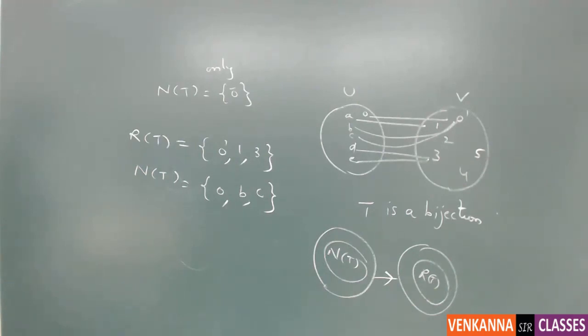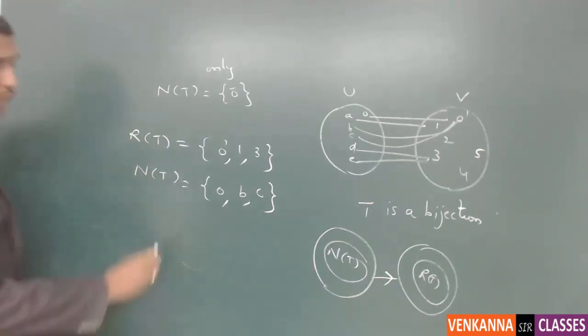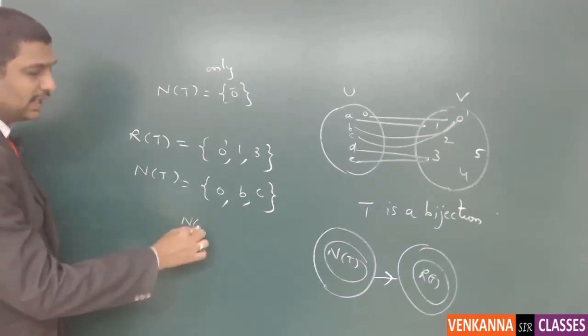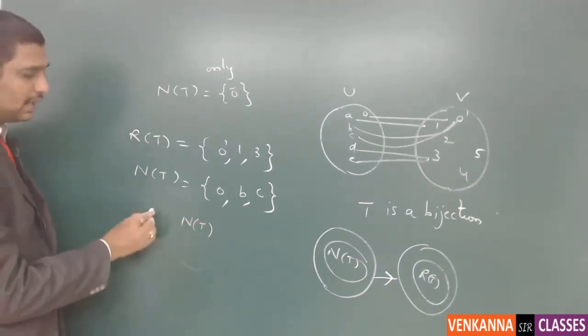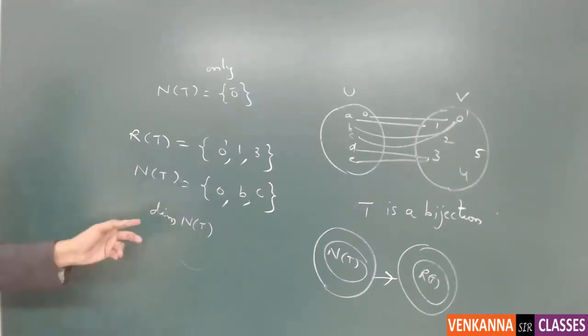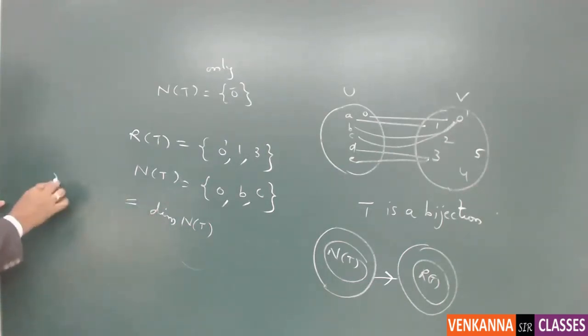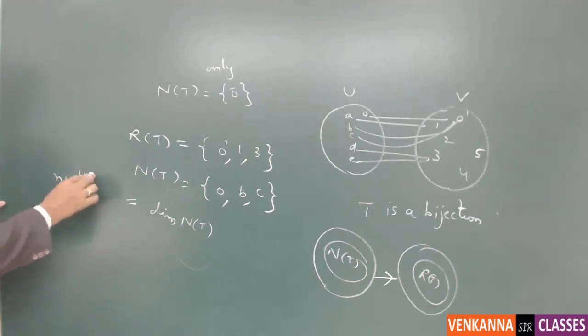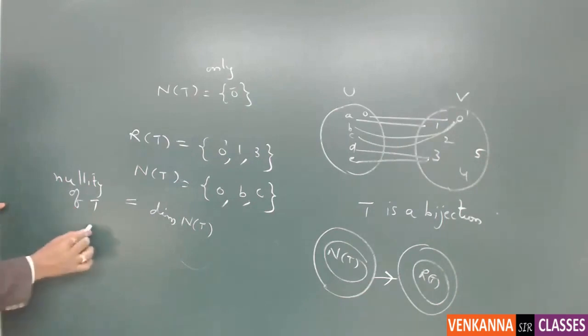If you are able to find a dimension for the null space, that means you are able to determine a basis for the null space, the set of vectors, and you are able to count how many elements are in that basis, nothing but dimension. The dimension of N of T, we call it the nullity of T.